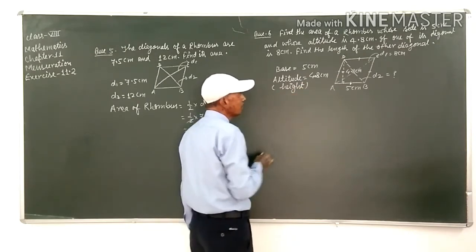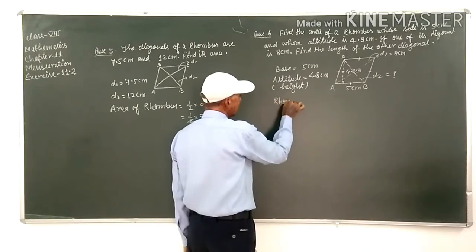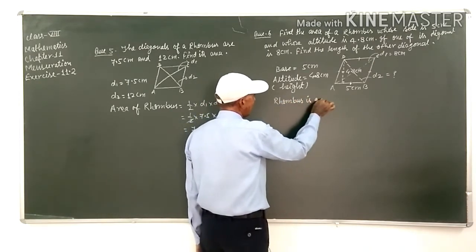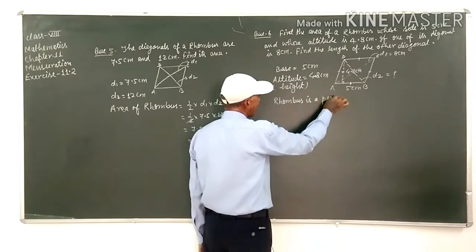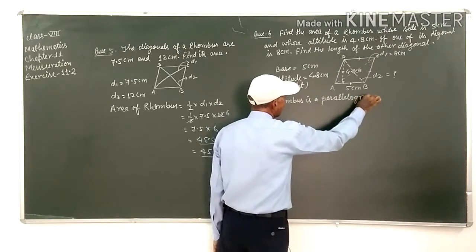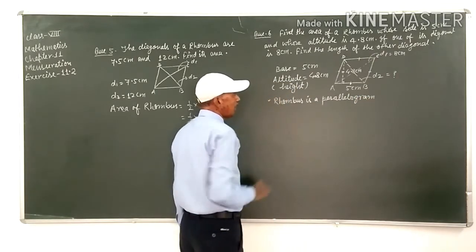So we know that rhombus is a parallelogram.